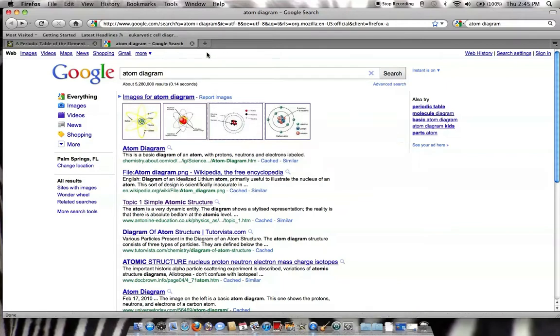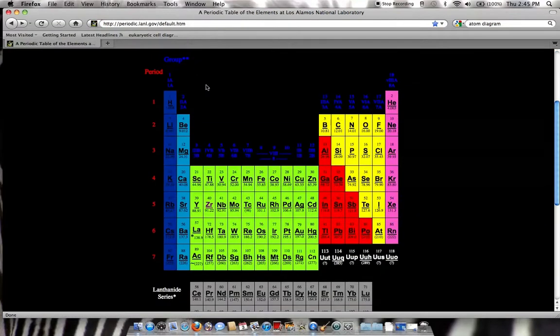The next topic is the periodic table. When you have one or more atoms of the same type, you have an element. And I went online and searched and found this interactive periodic table of the elements, and I find it very interesting.